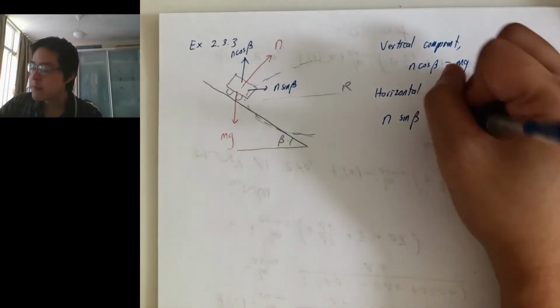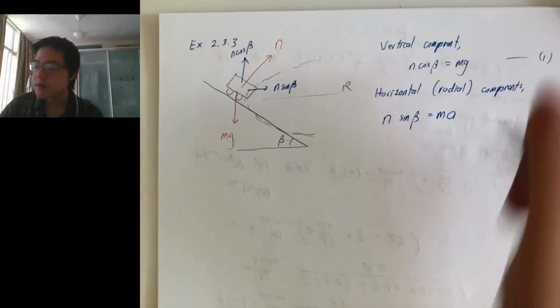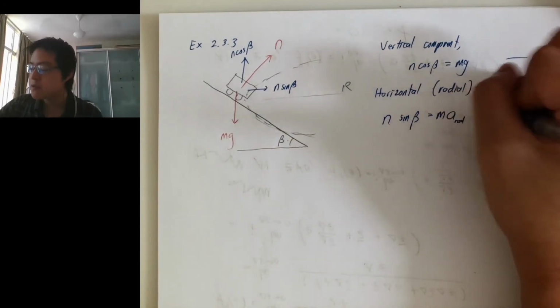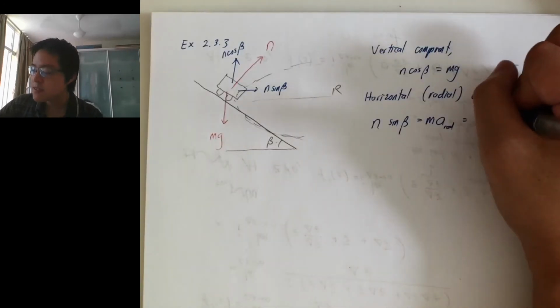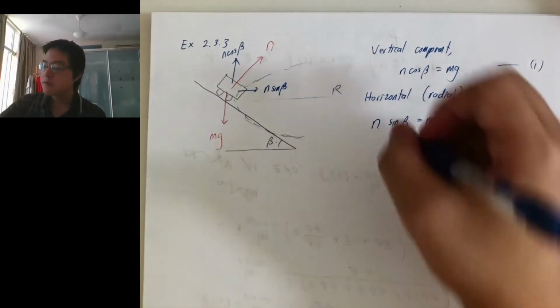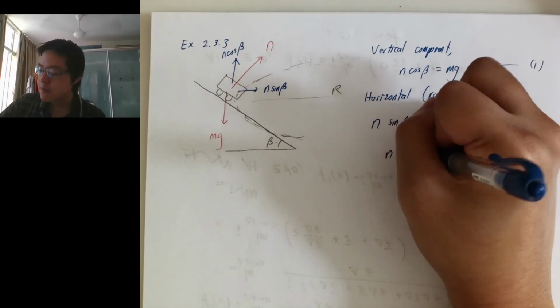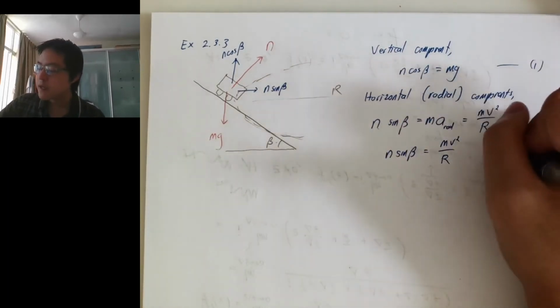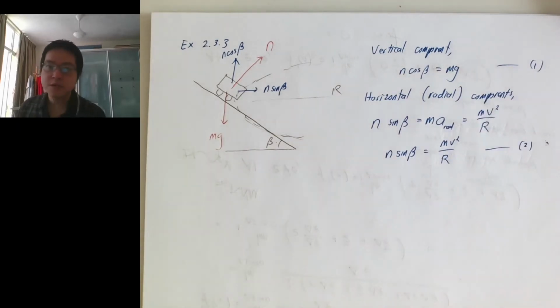By Newton's second law, this net force is equal to ma, in the radial direction. So we can plug in the formula, and conclude that n sine beta is equal to mv squared over r. This is my second equation.